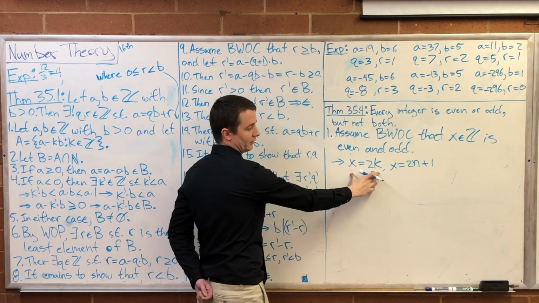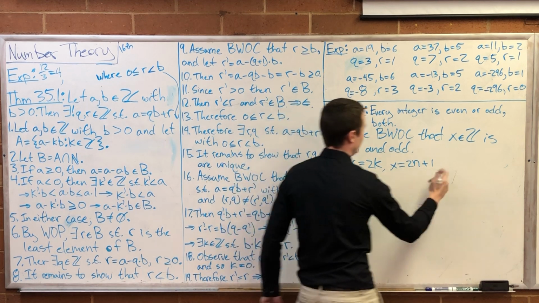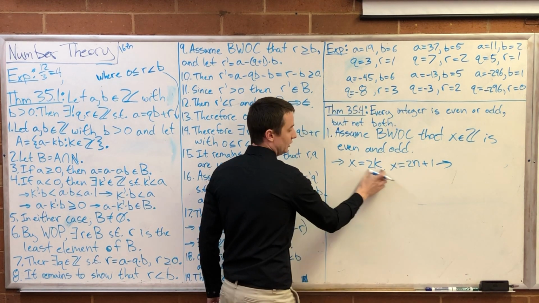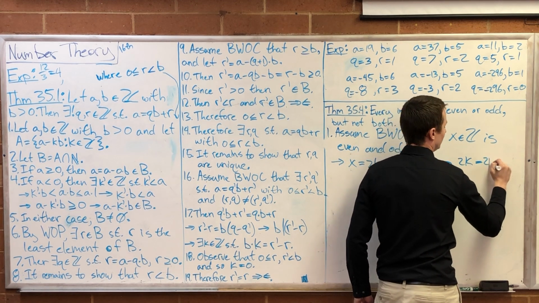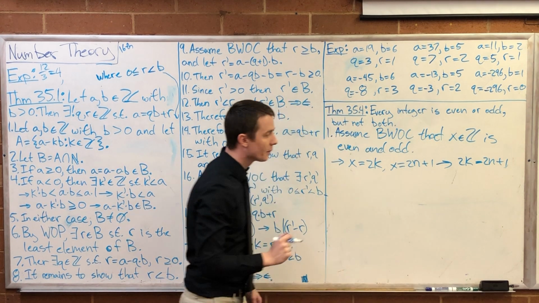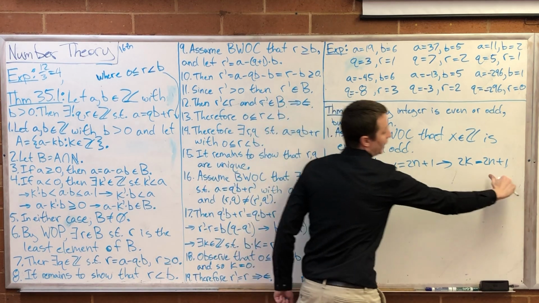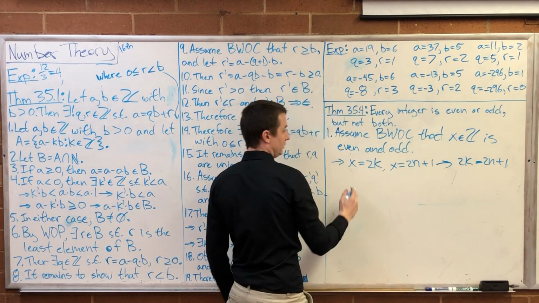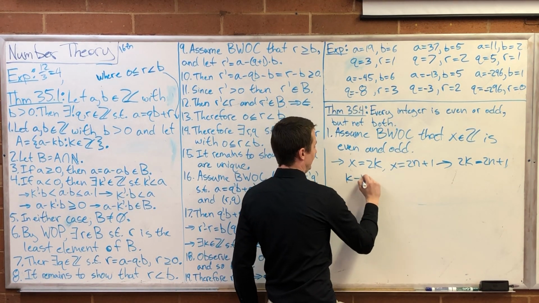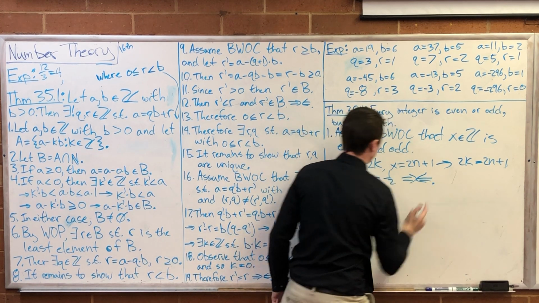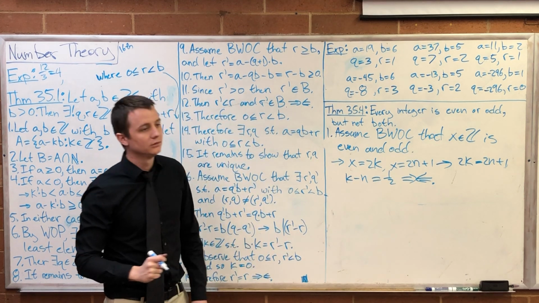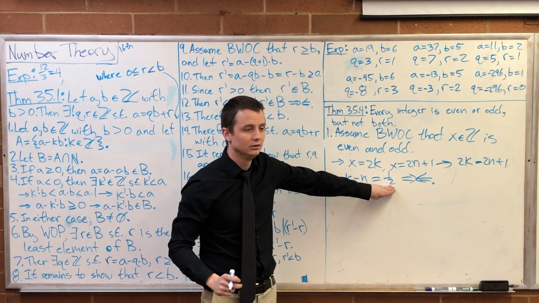It can be written this way since it's even, this way since it's odd. What does that give me? Substituting in 2k for x here, we get 2k is equal to 2n plus 1. Move my n over here, and then divide both sides by 2. So we get k minus n is equal to 1/2. Contradiction. I can't subtract two integers and get a non-integer.